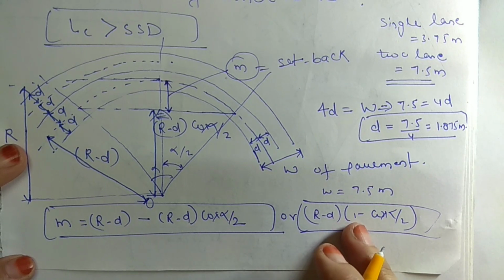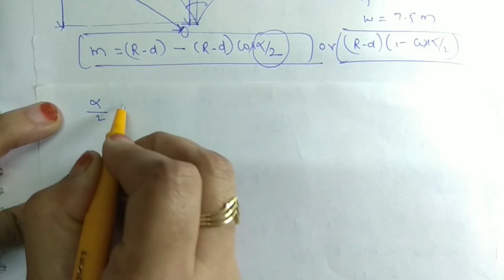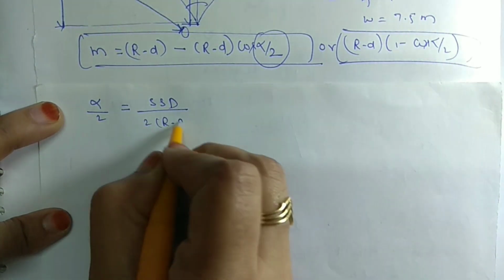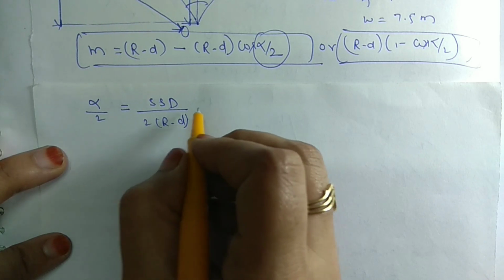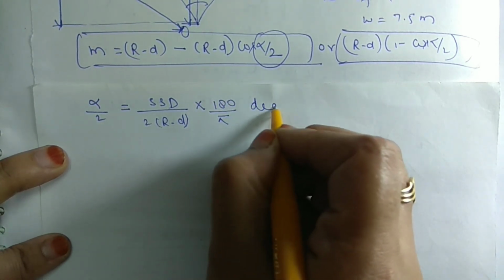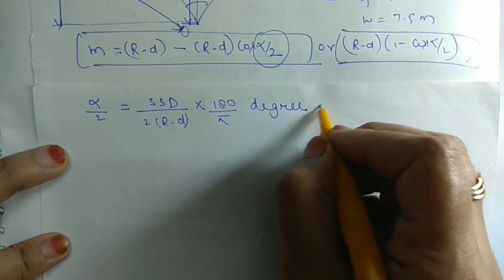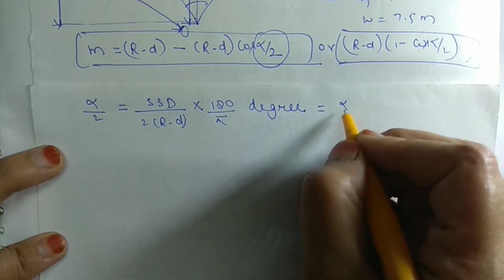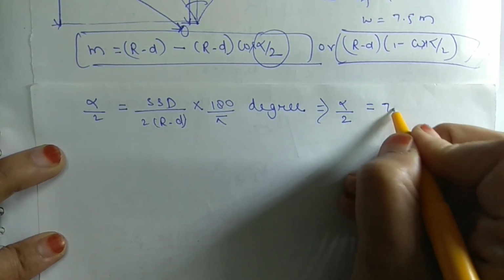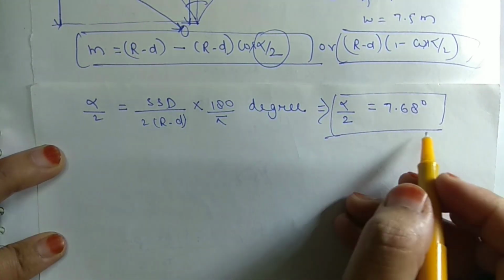Next we need to calculate this angle alpha by 2, which is equal to SSD upon 2 times (R minus D), and we need to convert it into degrees by multiplying by 180 by pi. I have calculated it before; you can calculate it on your own. We get alpha by 2 as approximately 7.68 degree.